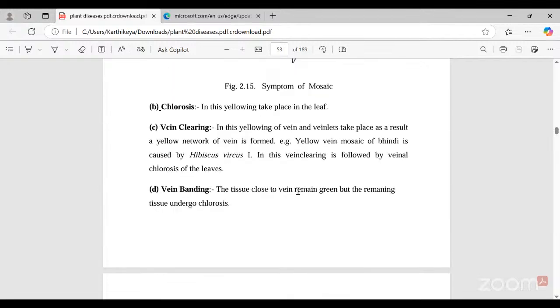Chlorosis. In this, yellowing takes place in the leaf. Vein clearing. This is the yellowing of veins. Leaf yellowing takes place as a result.